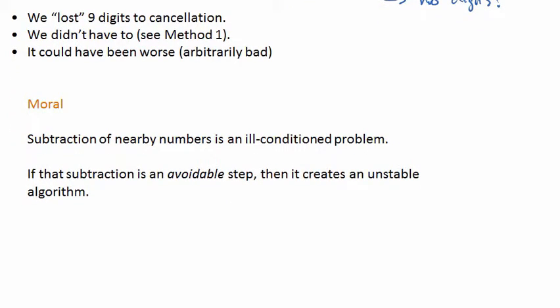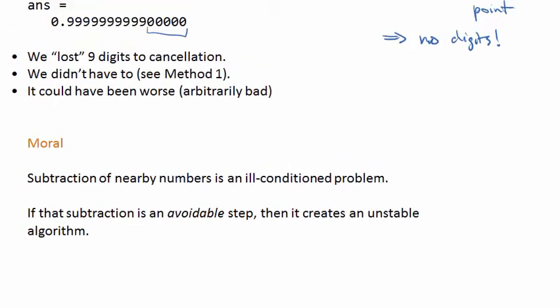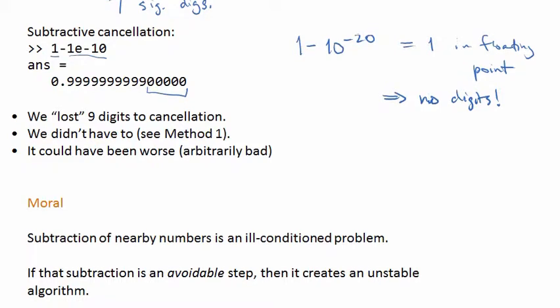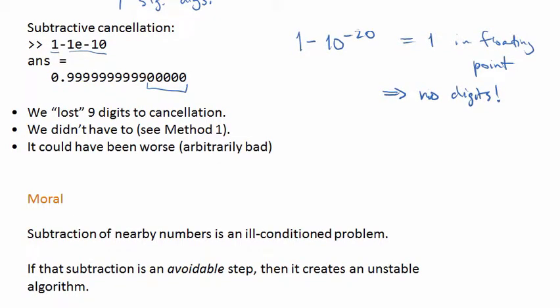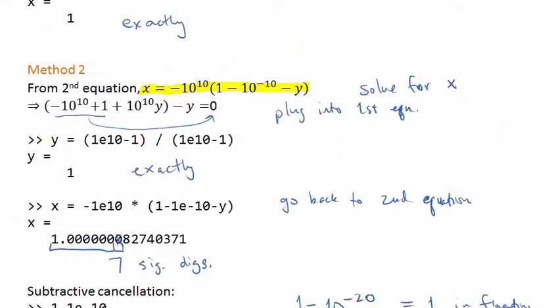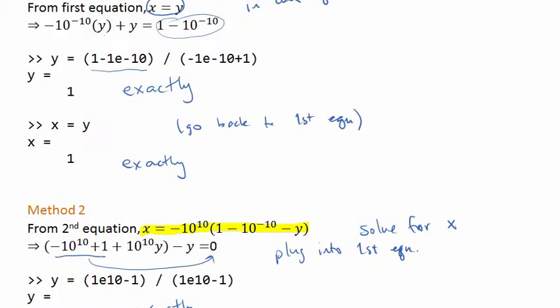When we have to subtract two nearby numbers, we expect subtractive cancellation. There's no choice in the matter. On the other hand, in some problems, maybe we can avoid that step. And that's exactly what happened in method 1. All we had to do is divide a floating point number by itself and then copy that result into x, both of which we could do perfectly.